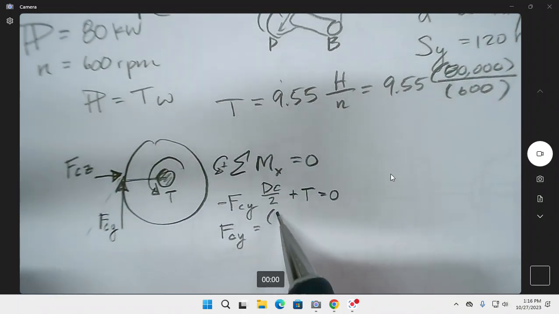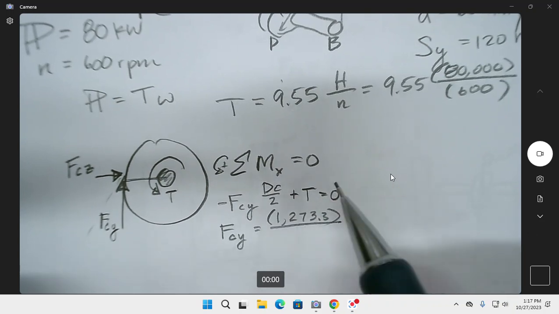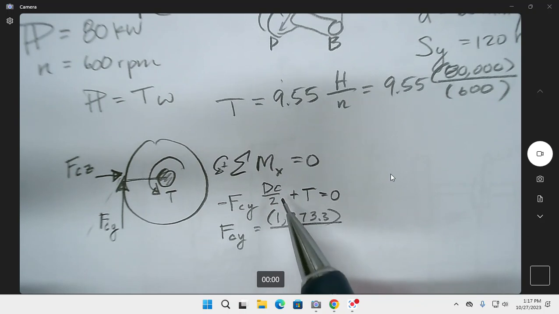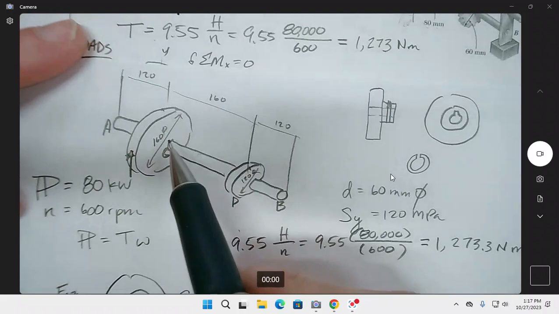So for here, we go 1,273. And we're going to divide by the radius, which we know to be 80 millimeters.